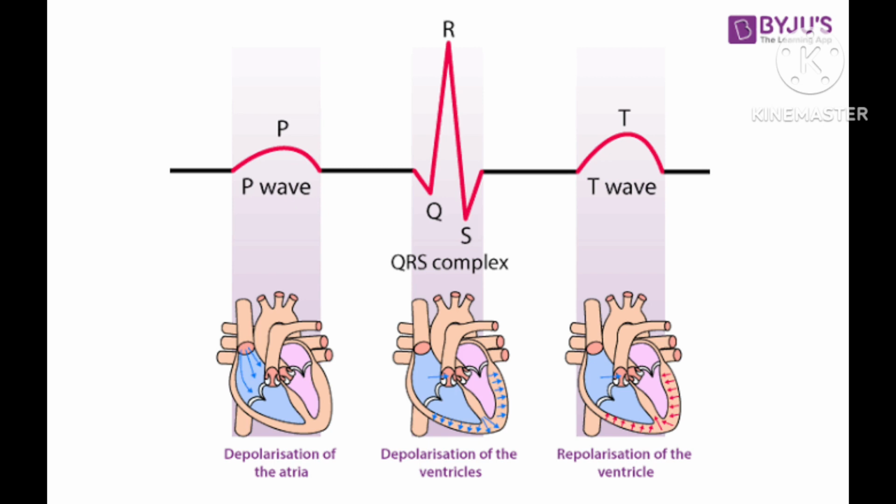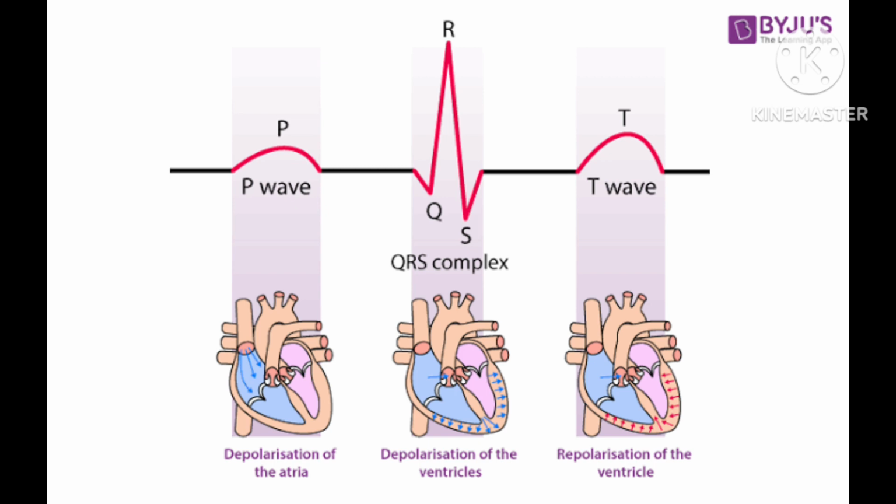Two more terms are there, but they will be common in ECG reports, you will find them. That is the PR interval, and second is the ST segment. I will brief what this means.